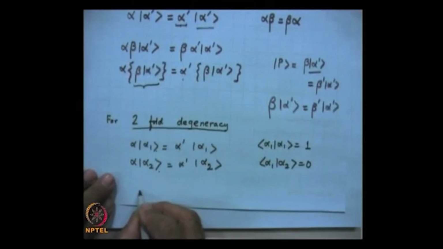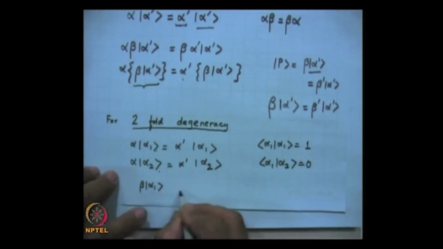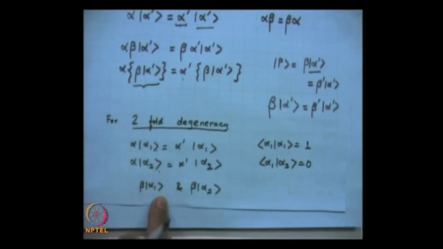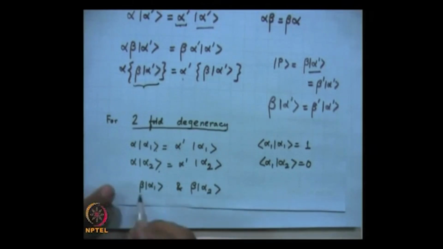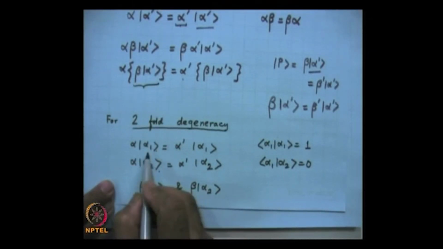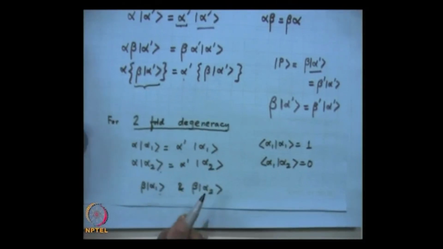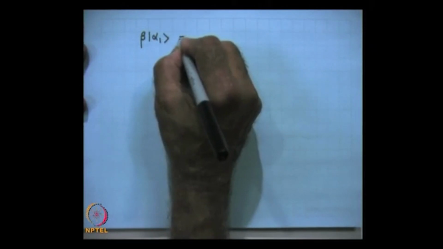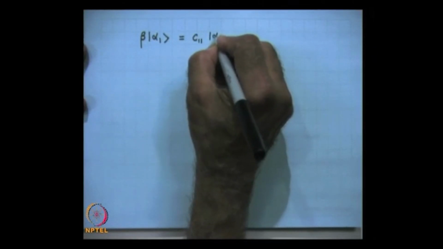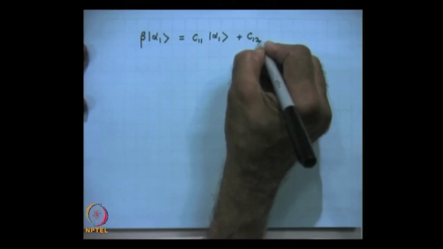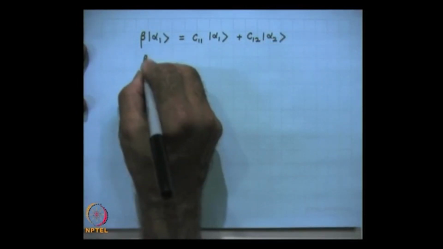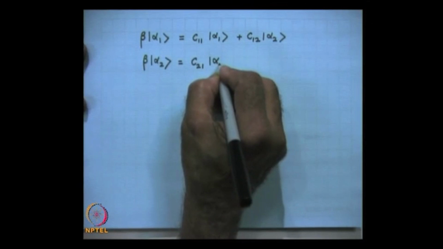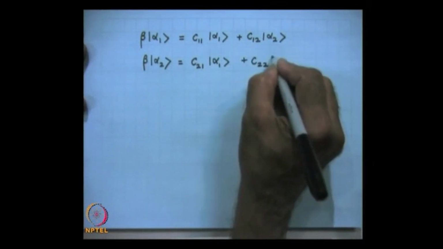So, therefore, beta ket alpha 1 and beta ket alpha 2 will also be eigenkets of the operator alpha, and therefore, they must be linear combinations of alpha 1 and alpha 2, that is beta ket alpha 1 is equal to C 11 ket alpha 1 plus C 12 ket alpha 2 and beta ket alpha 2 is equal to C 21 ket alpha 1 plus C 22 ket alpha 2.